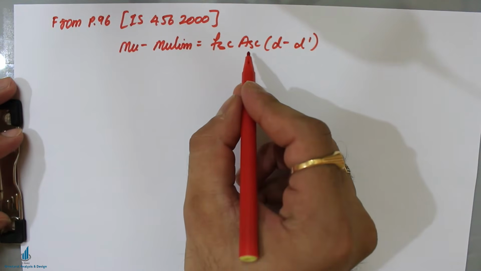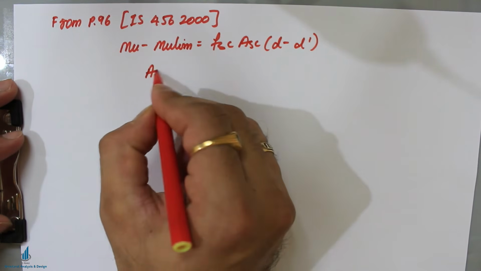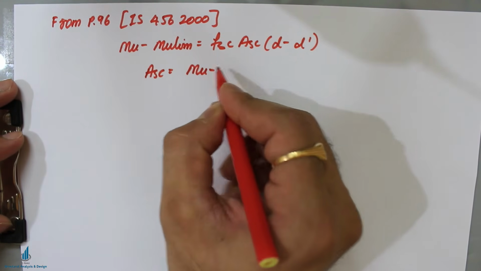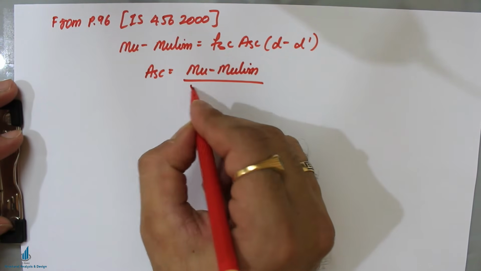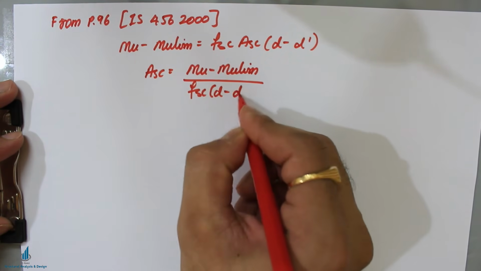Now this Asc is missing, so Asc equals Mu minus Mu limit divided by fsc (d minus d dash).